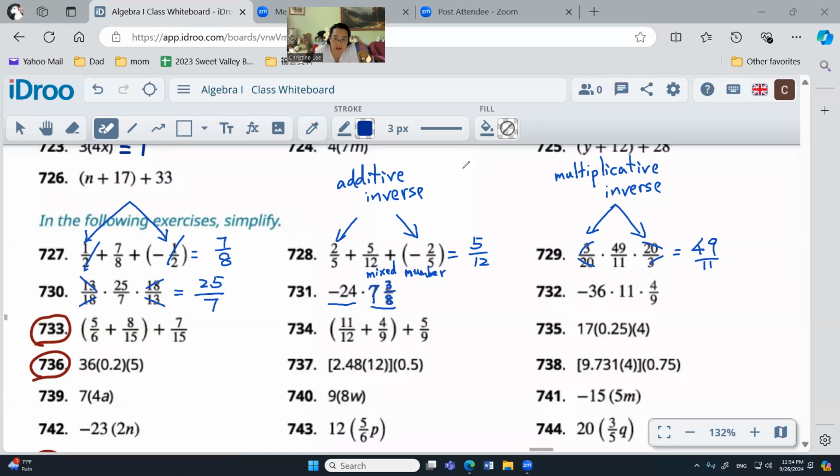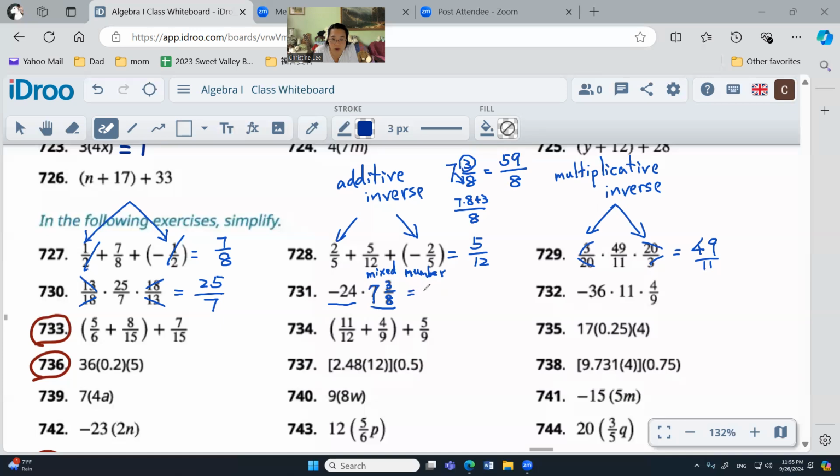So 7, 3, 8, it will become what over 8? You multiply these two together and then add the top. Bottom is still the same. So 7 times 8, 56, 56, 59. This is what it is equal to.